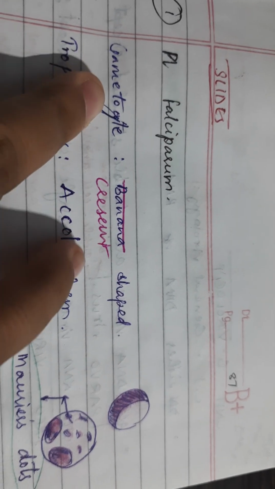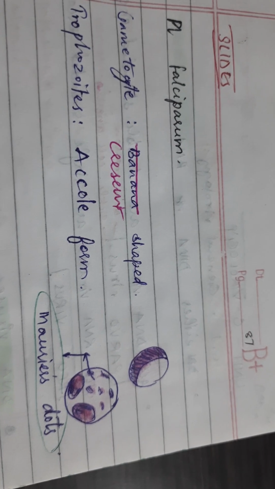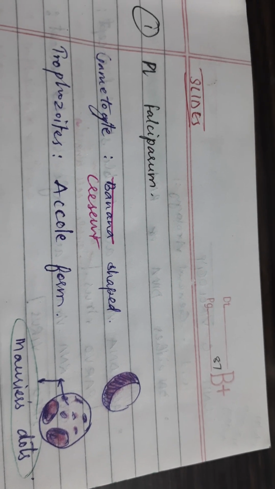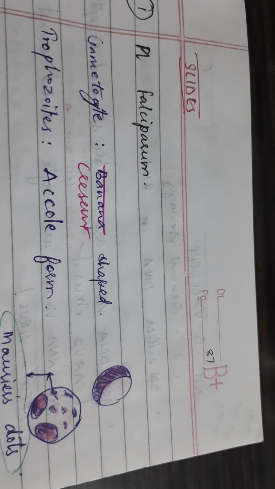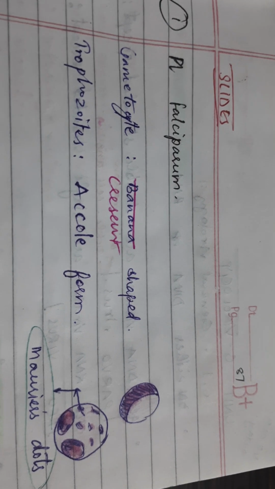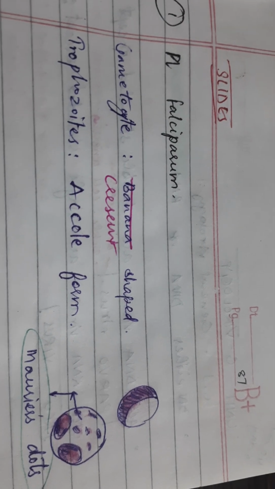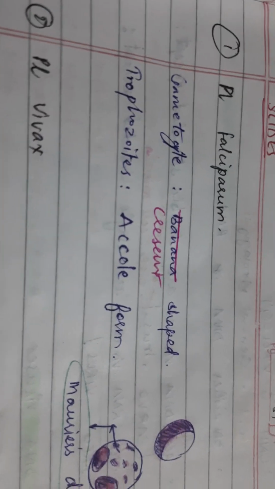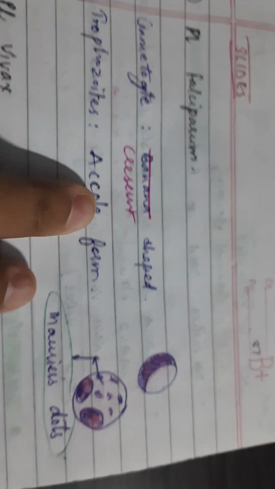So the gametocyte is crescent shaped, and then the trophozoite is in an accole form, like this.